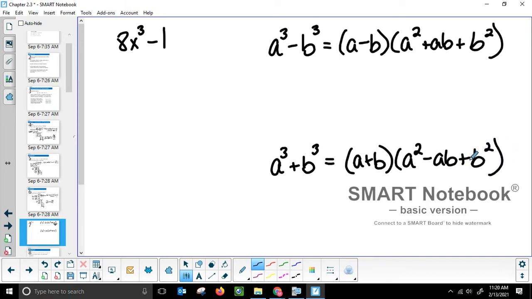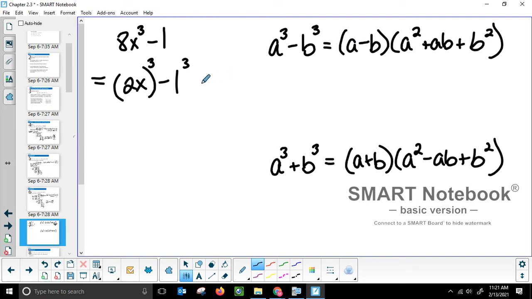So here we could actually rewrite this as 2x cubed minus 1 cubed, because 2x times 2x is 4x squared, multiply it by 2x again, you get 8x cubed. So that works. And then, of course, 1 cubed is 1.